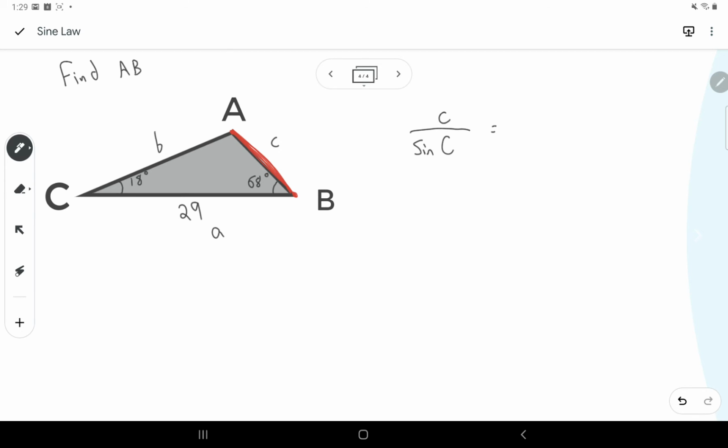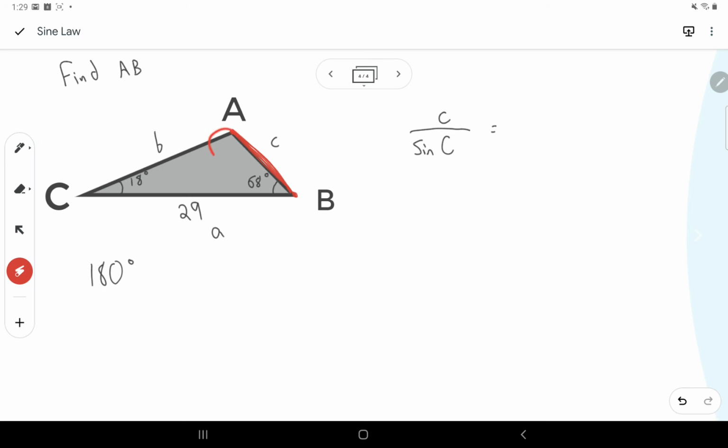Now we need a complete pair, and here's where we run into a problem. As we look at B, we've got the angle, we don't have the side. We look at A, we've got the side, but not the angle. Well, that's a little bit of a problem, but we do have two angles, and we know a little bit about triangles. If we add up all the interior angles of a triangle, you should get 180 degrees.